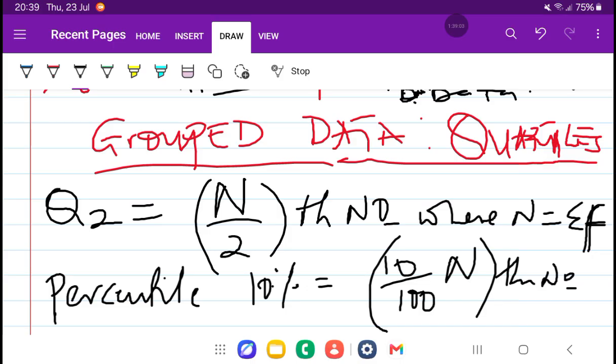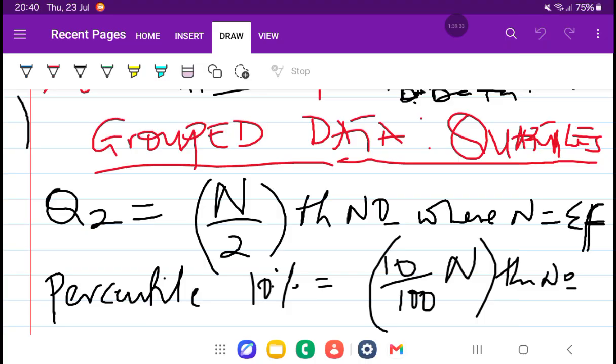This median, we know how to get the median. The same median we computed under the measures of central tendency is the same median that we are computing here.